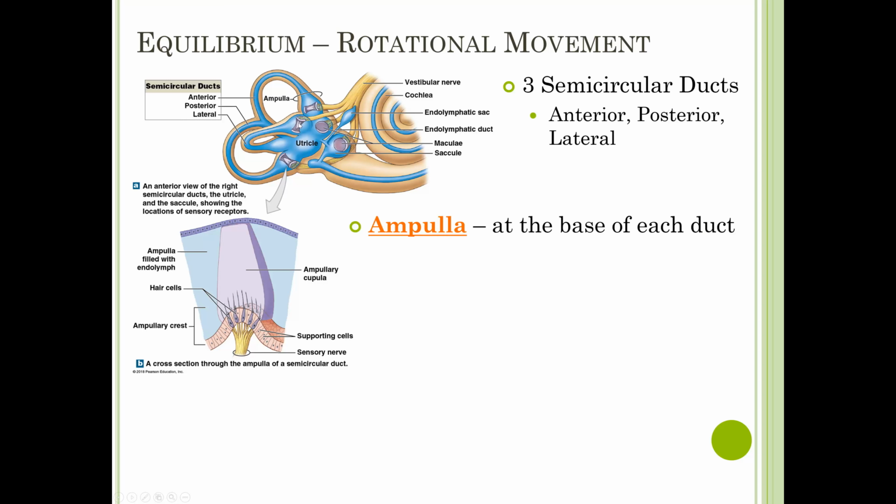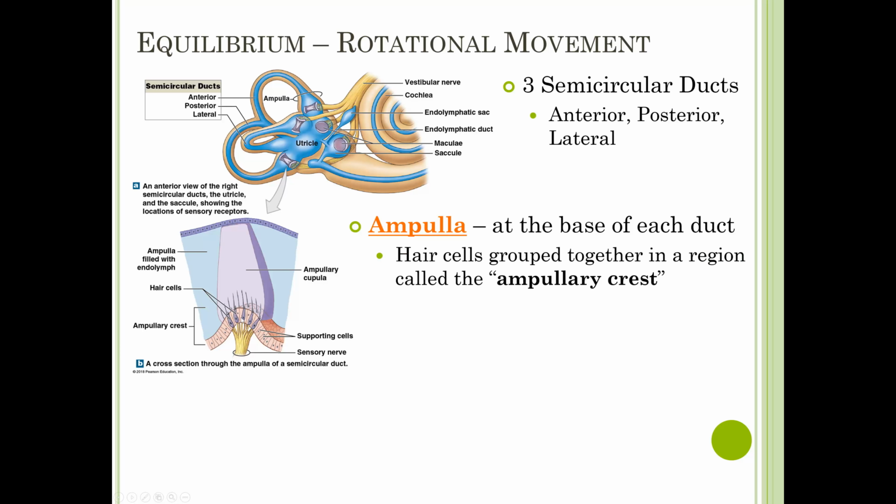At the base of each of these semicircular canals, where they connect up with the utricle of the vestibule, there is a swollen region called the ampulla. If we take a closer look at the ampulla, we can see that the hair cells are all grouped together in a region called the ampullary crest.